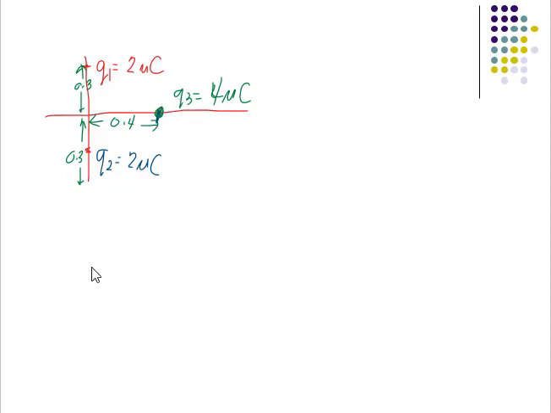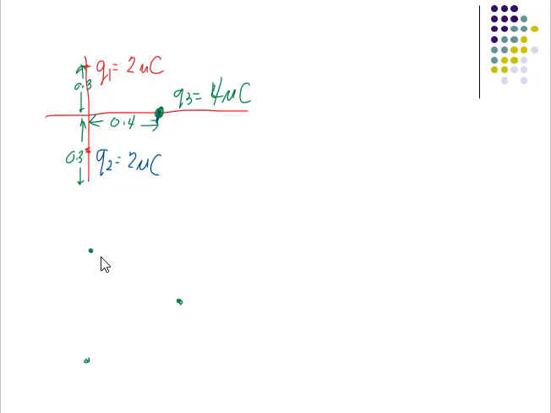So to illustrate it better, let's have Q1, Q2, then at the center here you have Q3. Now let's analyze the direction of the forces. We have Q1, let's use red. Q1 is positive and Q3 is positive. Therefore, what is the direction of the force exerted by Q1 on Q3? The force exerted on Q3 by Q1 is repulsion, so it's like pushing Q3.